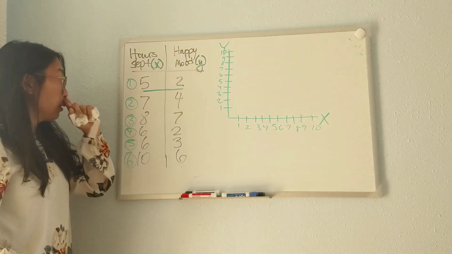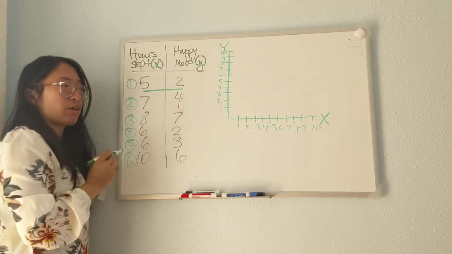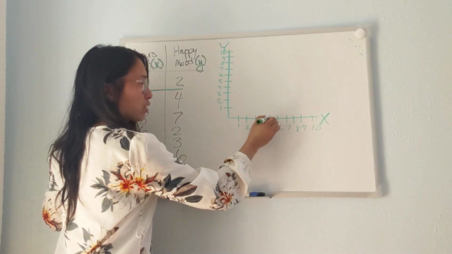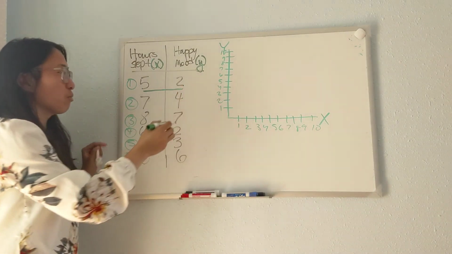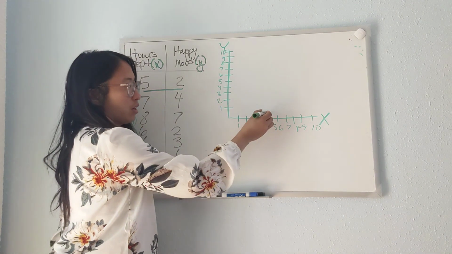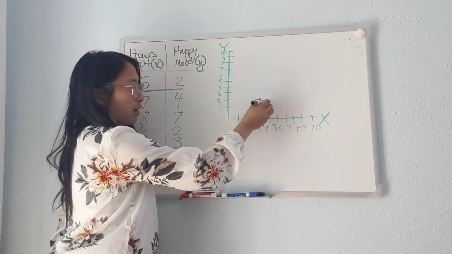For the first participant, on the x-axis, the number of hours slept was 5. So I'm going to go across to 5, and then their mood is a 2. So x-axis 5, and then I'll go up to 2 for y, right?